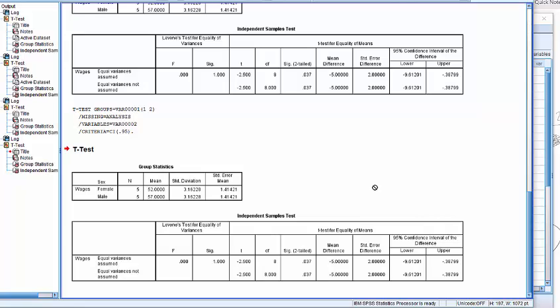So 52 minus 57 is minus 5. Our degrees of freedom is 8, which is 5 minus 1 for the males, 5 minus 1 for the females, so degrees of freedom is 8. And you see the two-tailed significance is 0.037. And what does that mean?